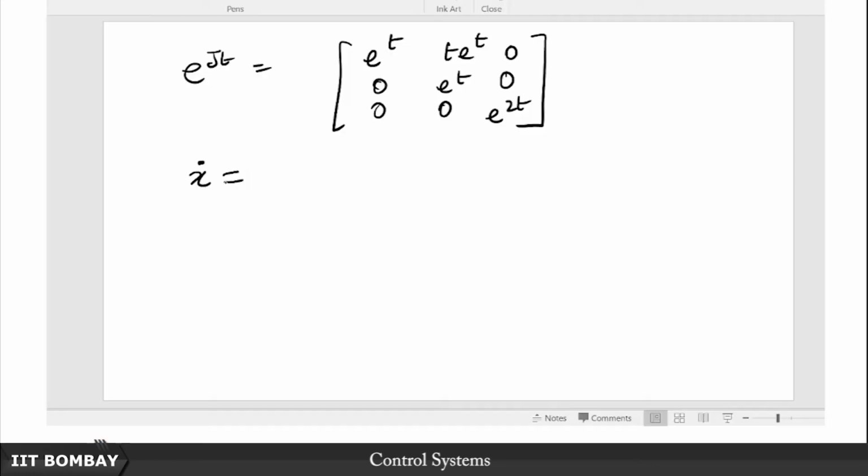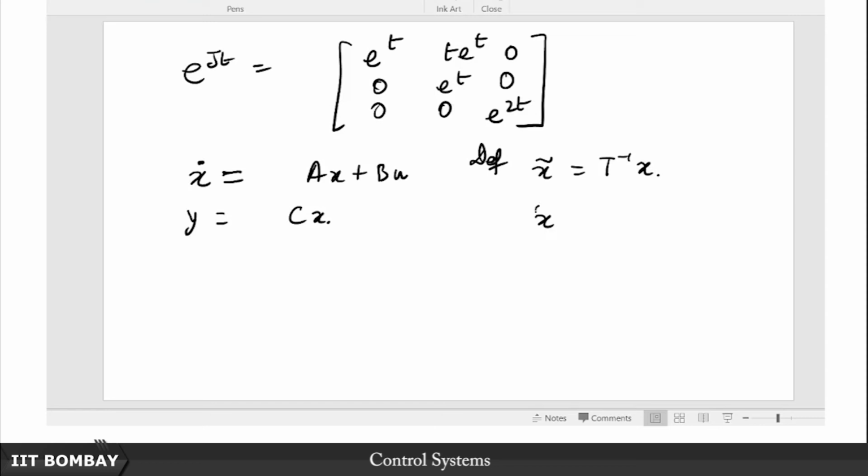So what is our next goal here? Here is how we set our goal. We have x dot equals Ax plus Bu, y equals Cx, and we define x tilde as T inverse x.